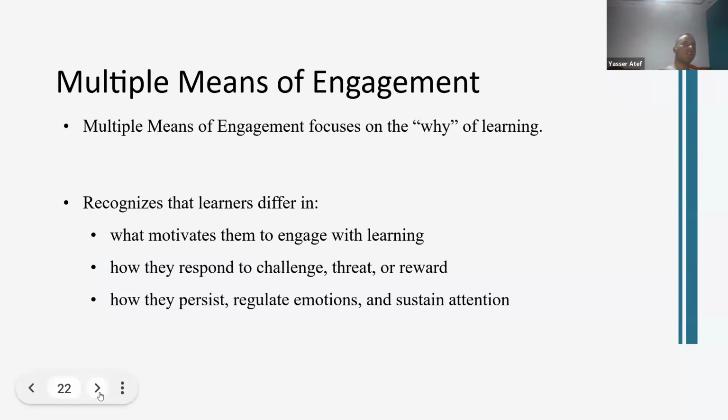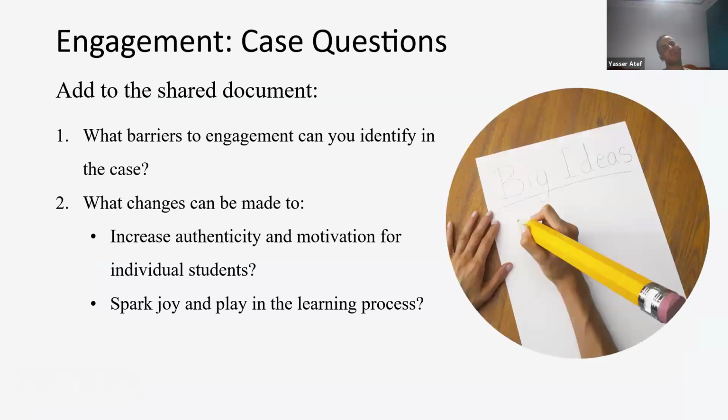So this is basically the multiple means of engagement, and now we're going to go back into the same groups, same breakout rooms, and address the engagement. We want to think through the barriers to engagement.